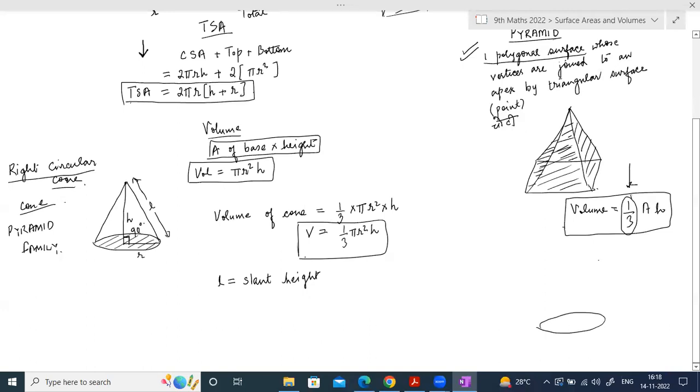Take a circle, take an apex here, and then join it like this. In this case, you will not get a 90-degree angle. This is not a right circular cone, but it is still a cone. It is a tilted cone.